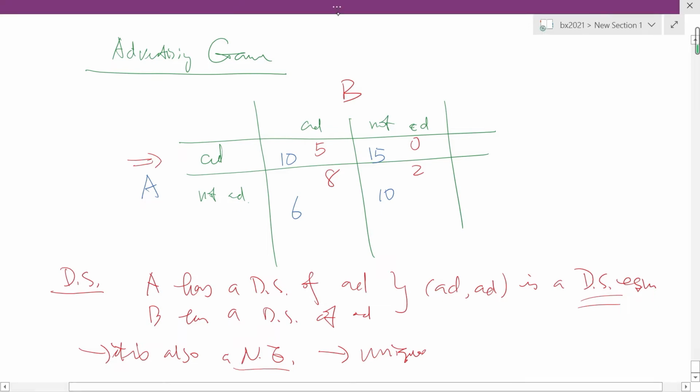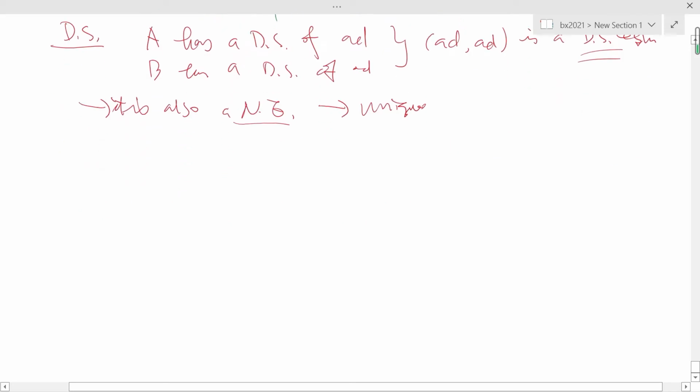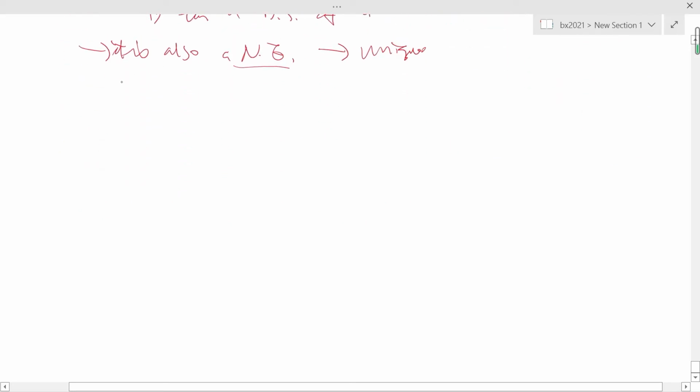Let's look at the second game, the firm entry game. Suppose we have two firms again, A and B, and B is an incumbent, the firm that's already in the market, and A is considering whether to enter or not.